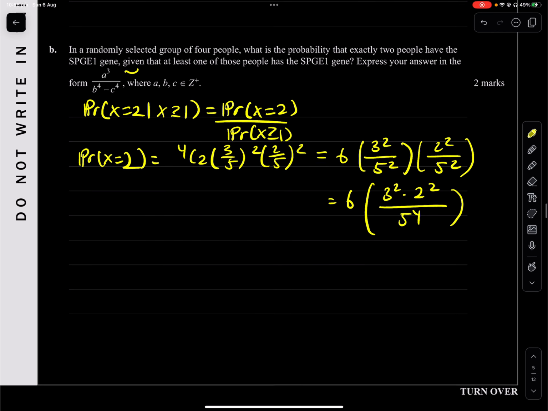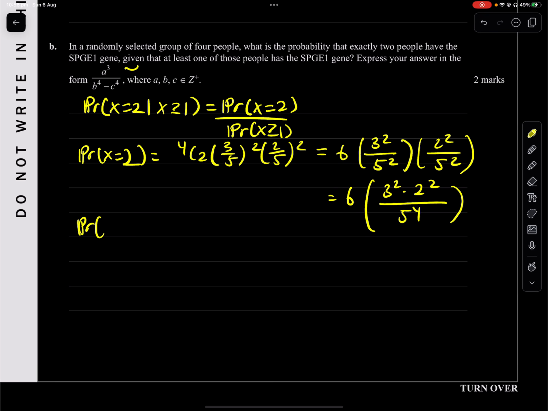Okay. And then, what is the probability of x is greater or equal to 1?